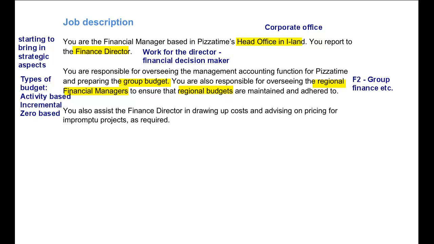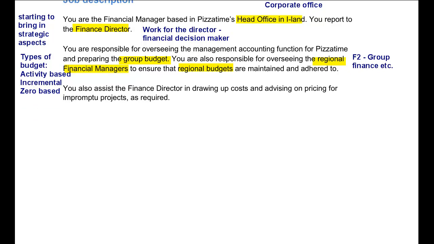And then the final paragraph talks about the various things that you do for and with the finance director, such as drawing up costs. So this of course feeds back into what we were talking about with budgeting, but also could mean that there are issues with costing. As a management accountant, it's your responsibility to come up with a fair cost that can be covered so that the company can remain profitable.